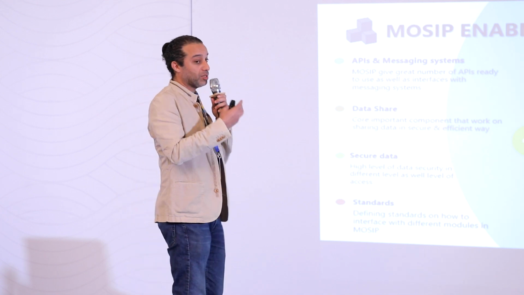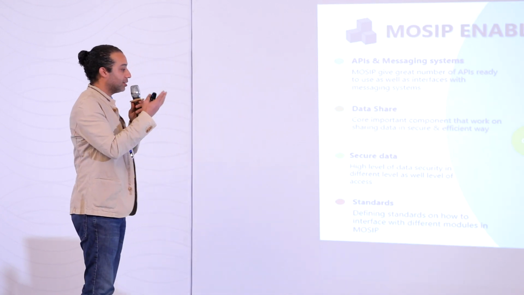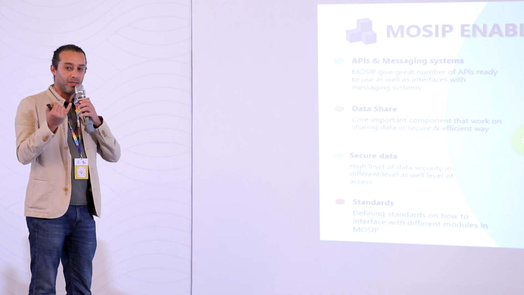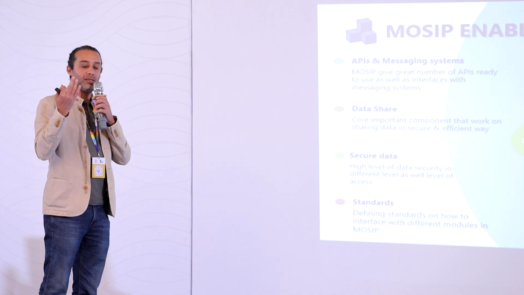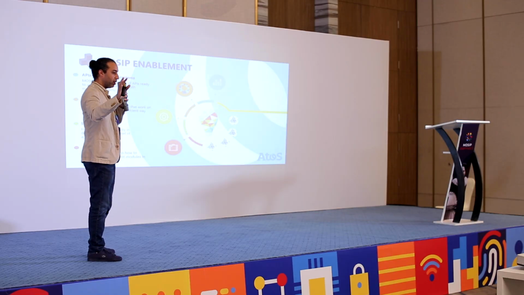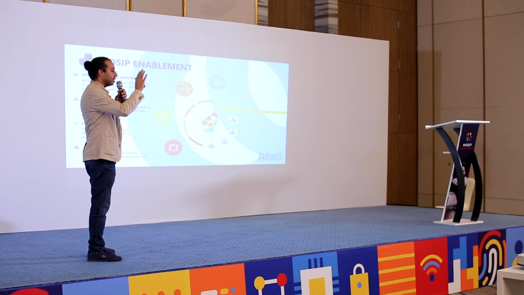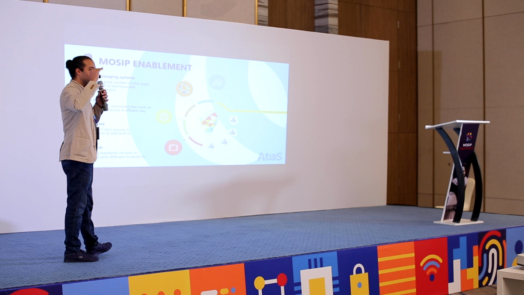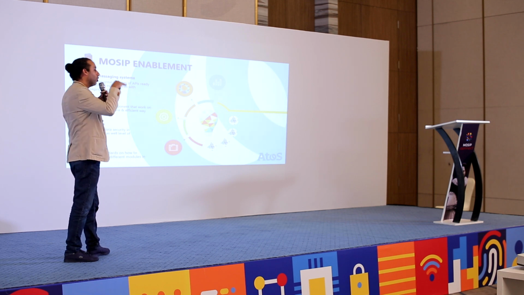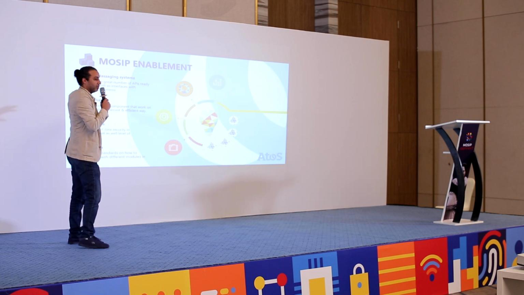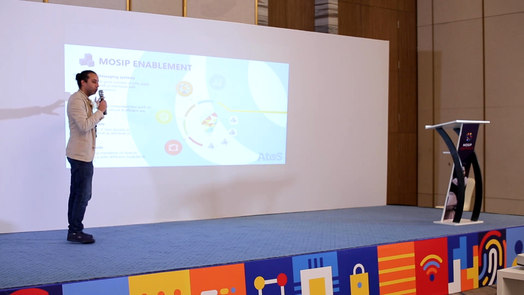It's not only to share, it's how to share, in what structure, and also secured, which means that with one partner you can share data that is not accessible by another partner, or by anyone else. There are so many layers of encryption and also authentication before you can go and grab the information from there. So this is a component in MOSIP, and it is really enabling us to do so many things.